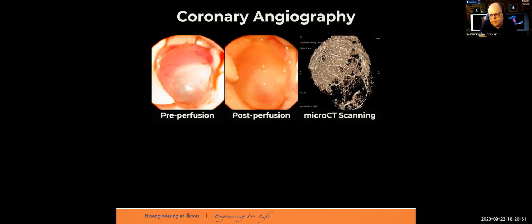This was a mouse heart, so a very tiny heart, as you know from the mouse. We took it, perfused it with a contrast agent, and then acquired the images. A micro CT scan after acquisition shows this type of image. There is a hard surface and there are some vessels, but there are a lot of artifacts, right?